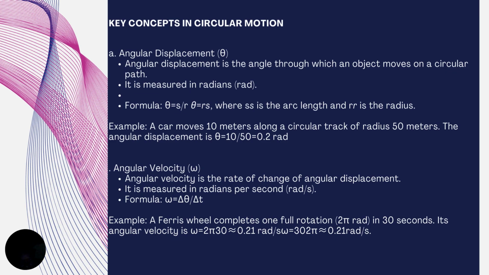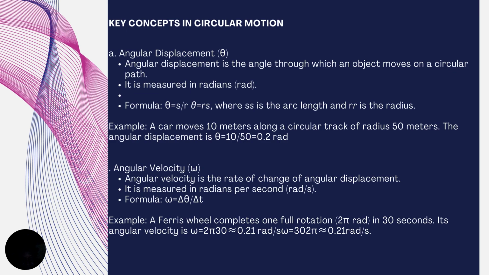So the formula for this is S over R, where S is the distance covered over R being the radius. I'd love to show you this, but I can't seem to show it on this platform now.